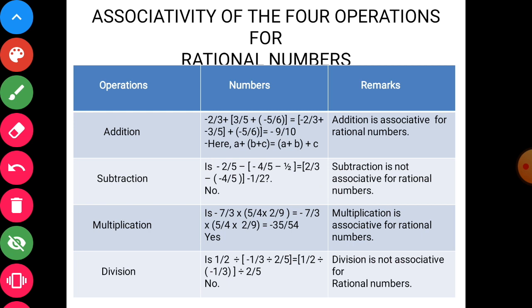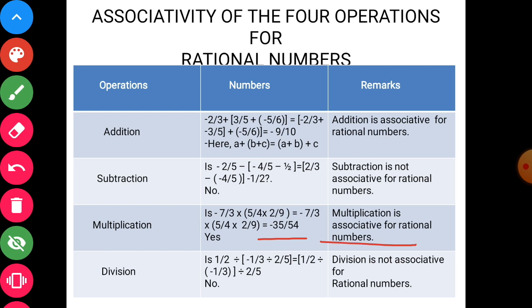This minus 7 by 3 should come here. Okay, here this column is small, so it has come here. This should come here. It must be equal to LHS. This side is equal to this side. At that time we get the answer minus 35 divided by 54. So multiplication is associative for rational numbers.